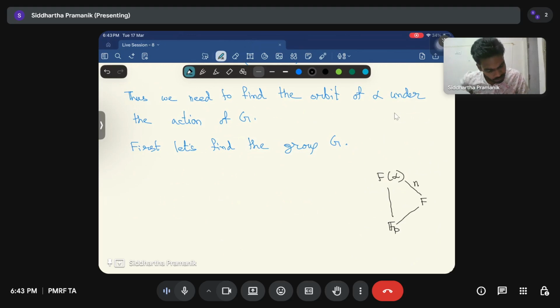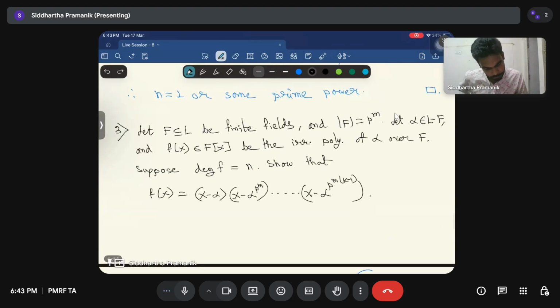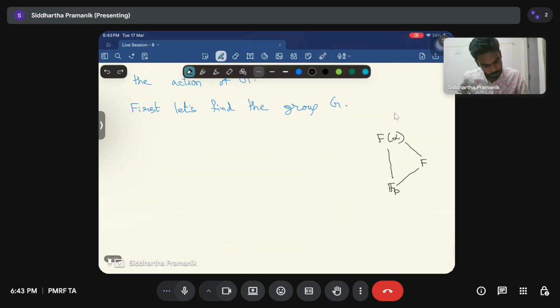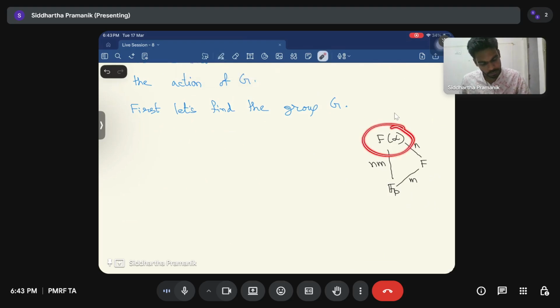And the cardinality of F is p power m. So this is n and this is m. So this is simply n times m. And so what will be the cardinality of this?